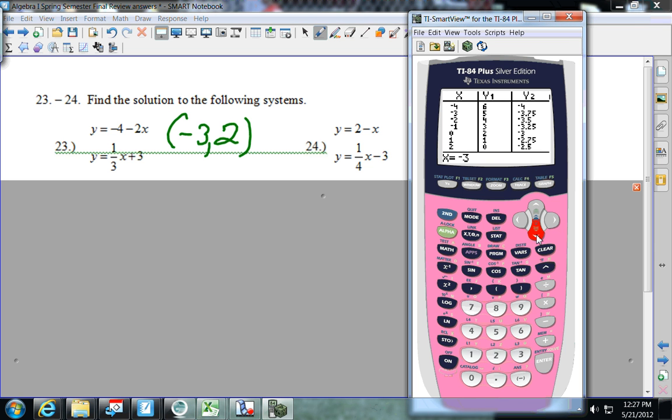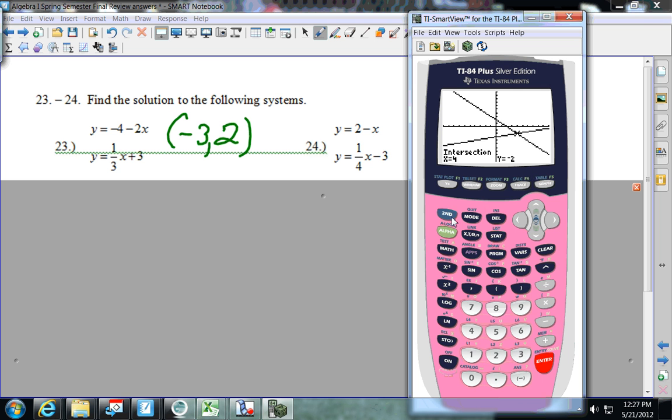You have to do a little bit of searching sometimes, and my calculator is pretty slow doing that. We're going to go second, trace, 5 for intersect, let them graph, and press enter 3 times. There's your solution, 4, -2.